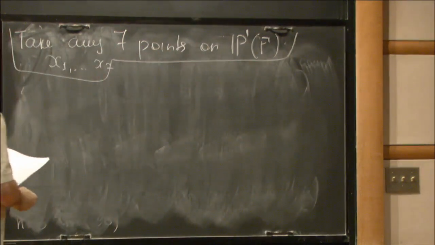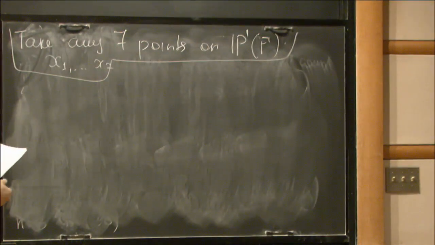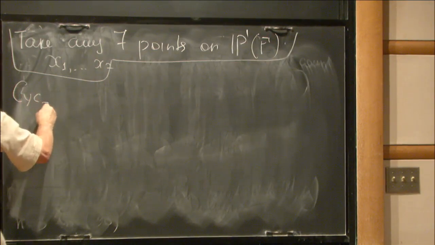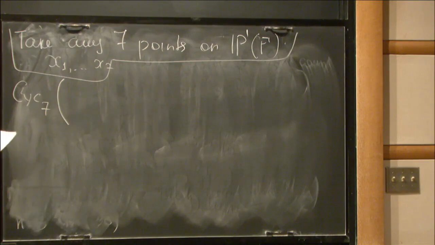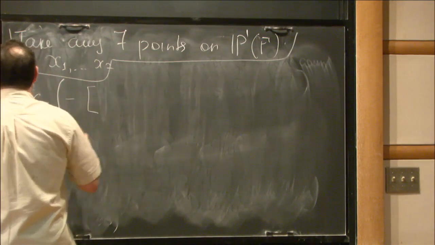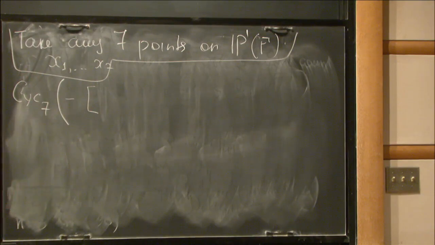Then we consider the following expression. I will write you the formula, and then I draw a picture for this. It will be the cyclic shift of the following guy.